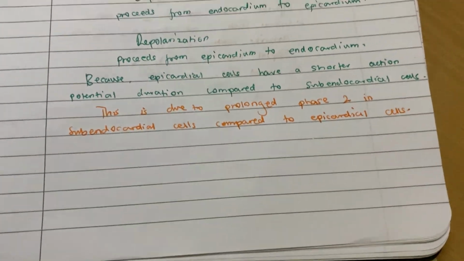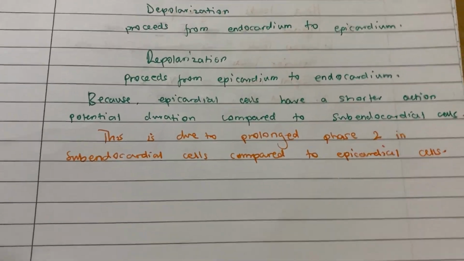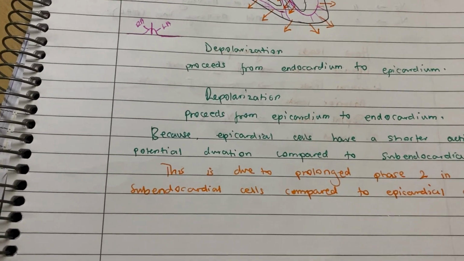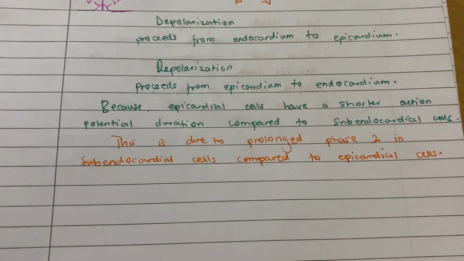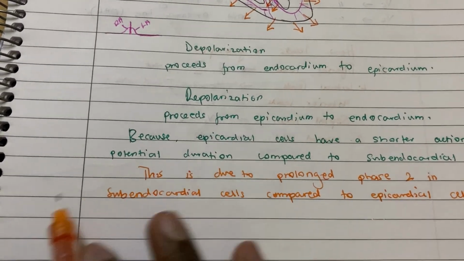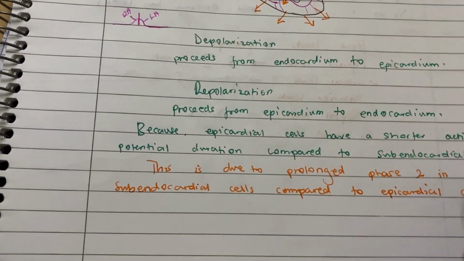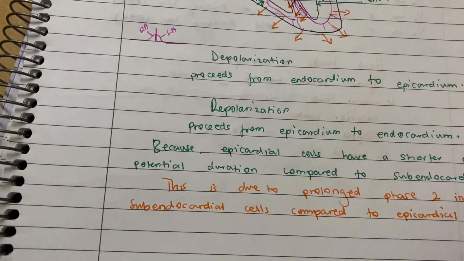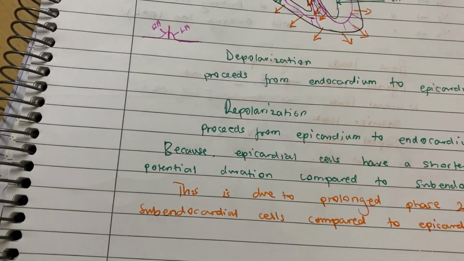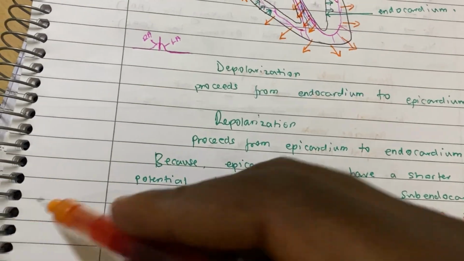The subendocardial cells have a longer phase 2 of the action potential. We finished all those already. If you are just a starter, first go back and watch the first lectures in physiology. It is longer compared to epicardial cells. So the epicardial cells will finish phase 2 and start repolarizing before the subendocardial cells, and that is why it shifts from this side to the other side.